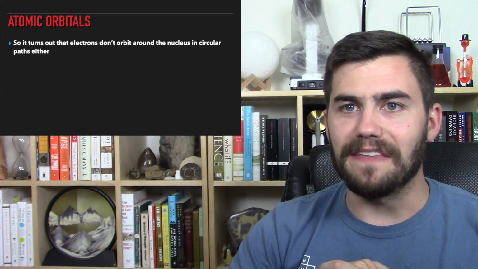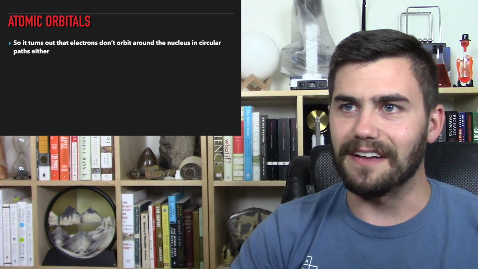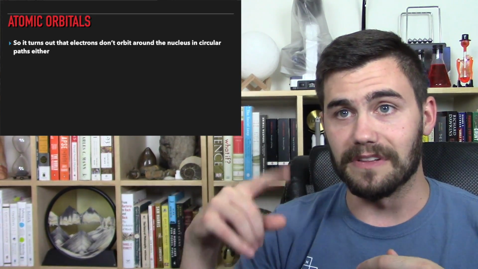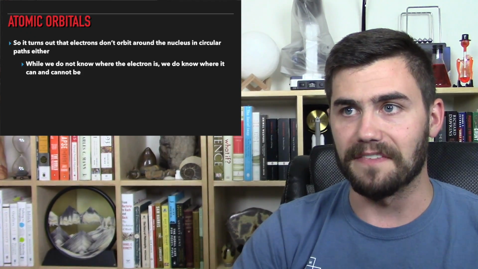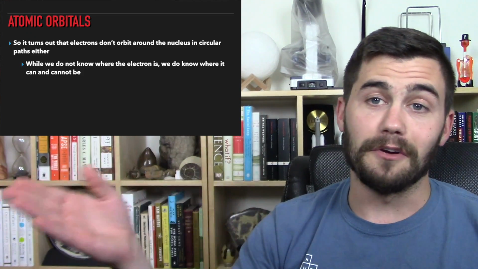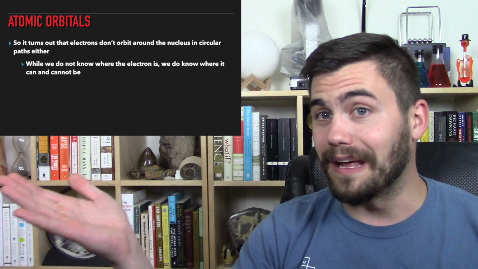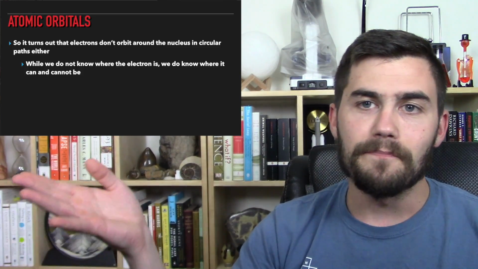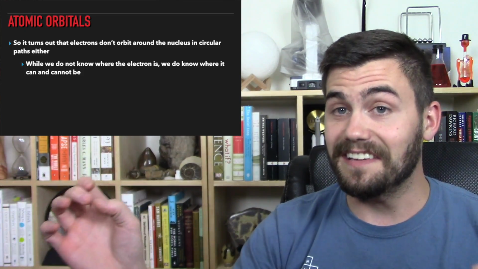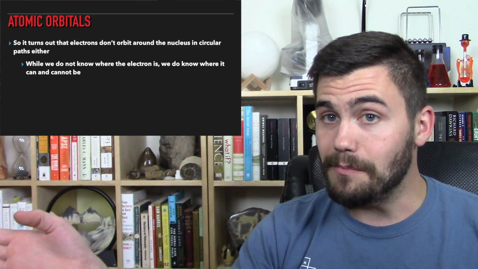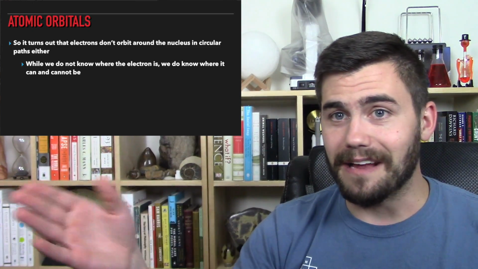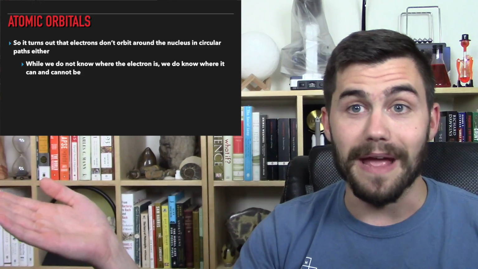I've sort of laid this out already, but it turns out that electrons don't orbit around the nucleus in perfectly circular paths either. So while with quantum mechanics we can't know exactly where the electron is, we can know, statistically speaking, where it can be and where it cannot be. Think of emperor penguins.